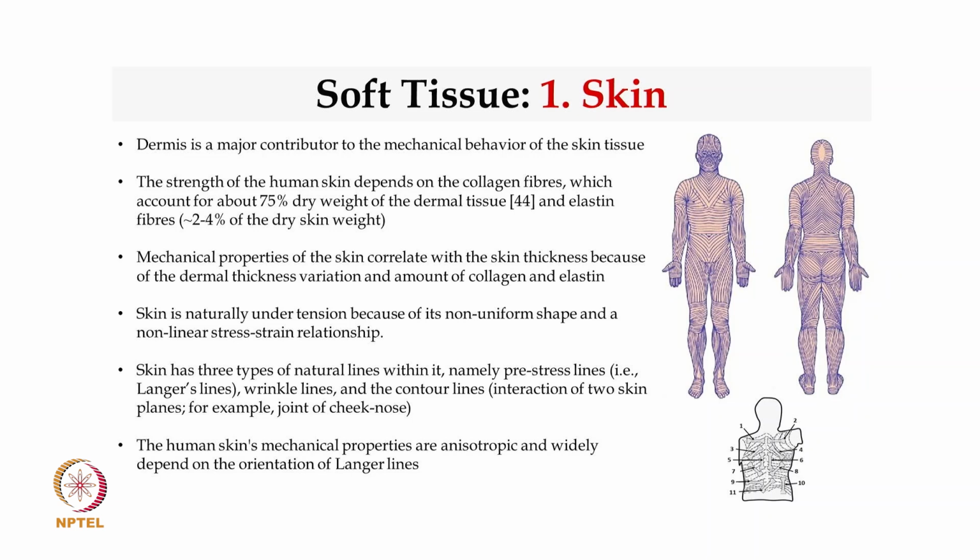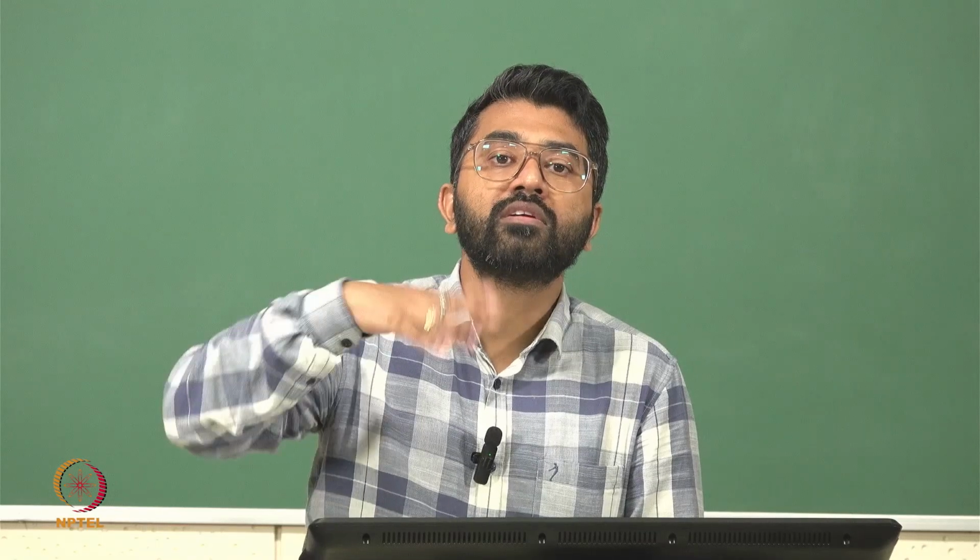If you look at 1 through 10, you are looking at a bunch of specimens cut on the back of a human body. The differences are that they are from different locations on the back, as well as oriented differently.